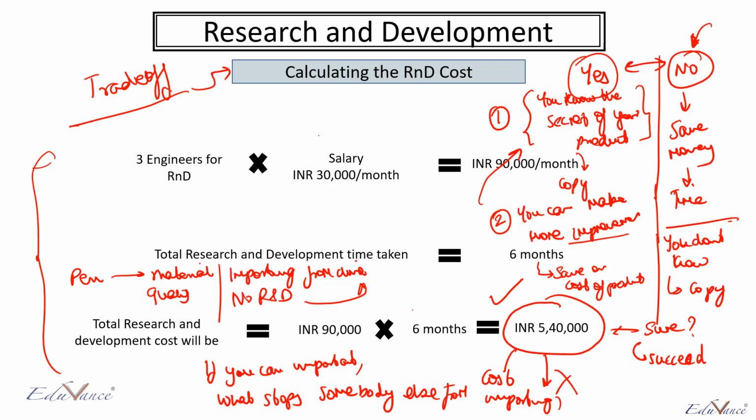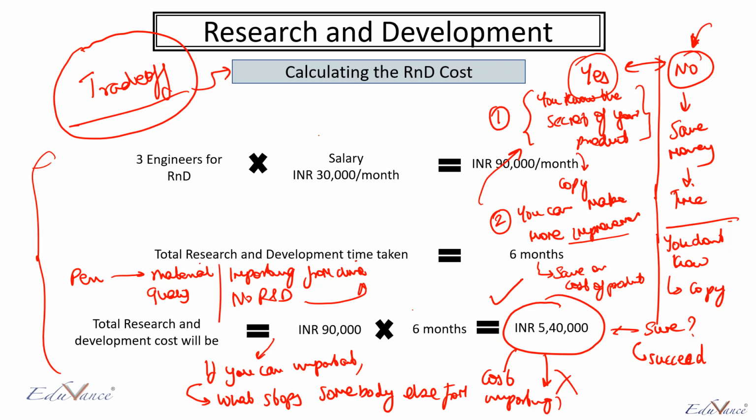If you import from China, that's okay. But now the question is, if you can import, somebody else can import, my friend can import, your friend can import, anybody can import from China. So that's another disadvantage of not doing R&D. But again, as I'm saying, it's all about a trade-off, and you are the entrepreneur, you have to decide.